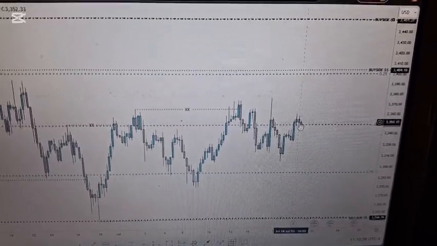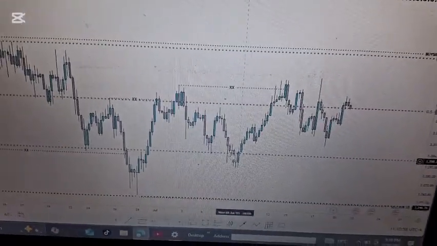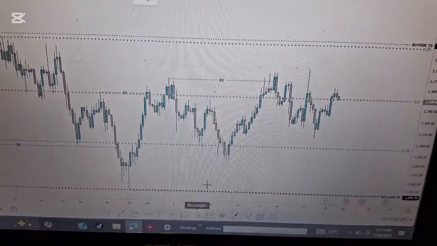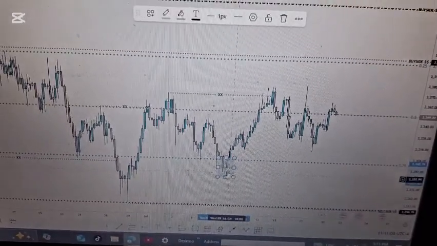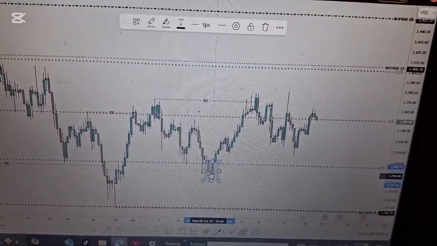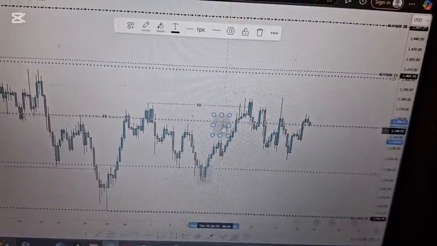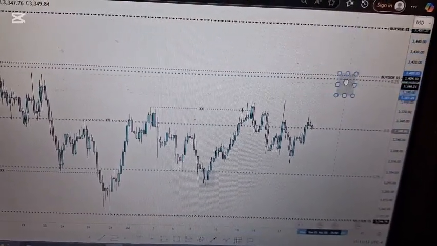So here, because price touched the 75% level, it might be looking to touch the 50% level as well here.